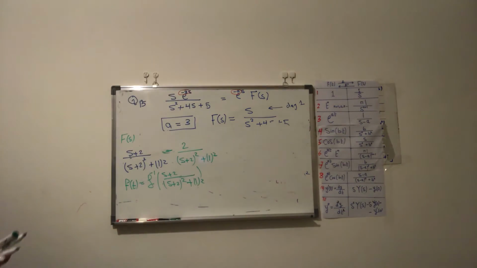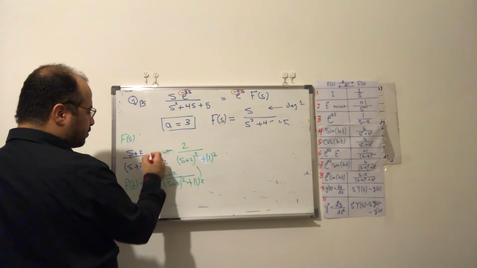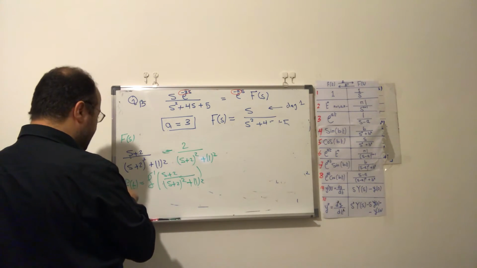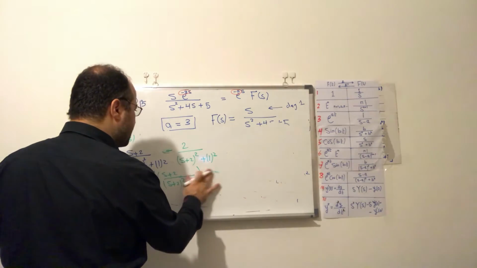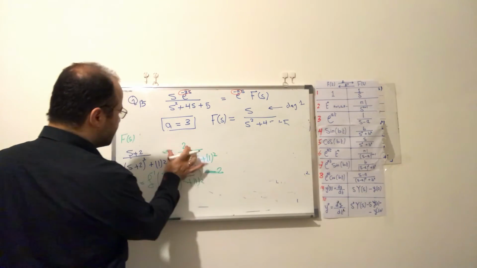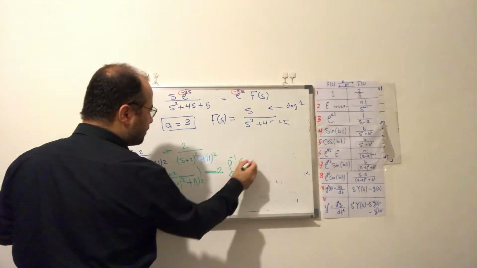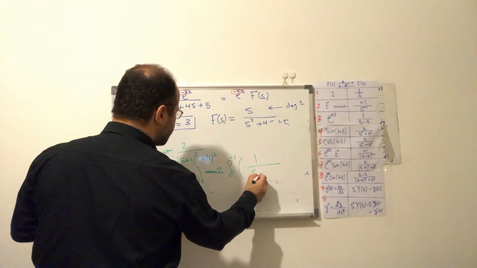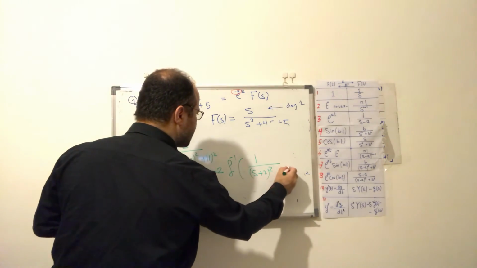Now Laplace inverse is also linear, and I also like to take the 2 out of that Laplace inverse. So I have the following, and here minus 2, and then Laplace inverse of that thing, which is 1 over s plus 2 squared, and then plus 1 squared.